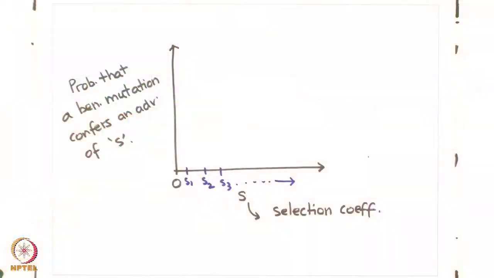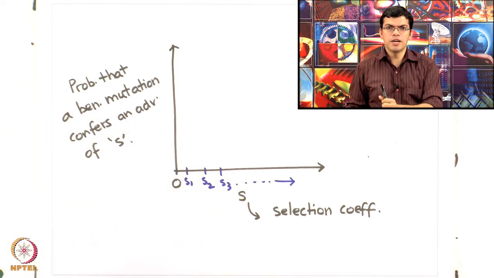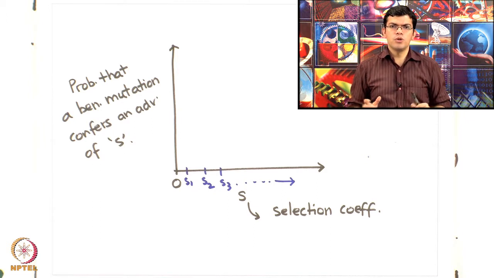Before we end this lecture, I want you to imagine this scenario: if we were to think of the magnitude of a beneficial mutation on the x axis, such as shown on this graph, and on the y axis the probability distribution of a beneficial mutation of a particular magnitude happening, what do you imagine that graph would look like?